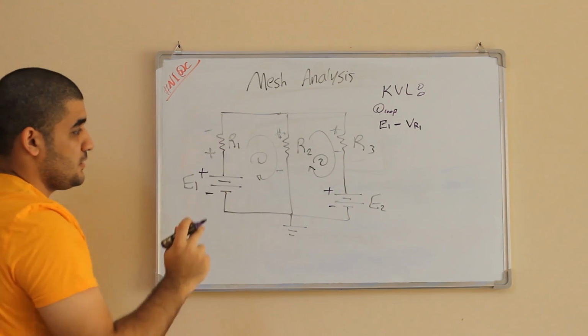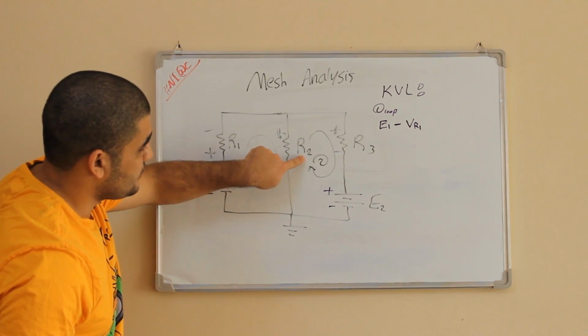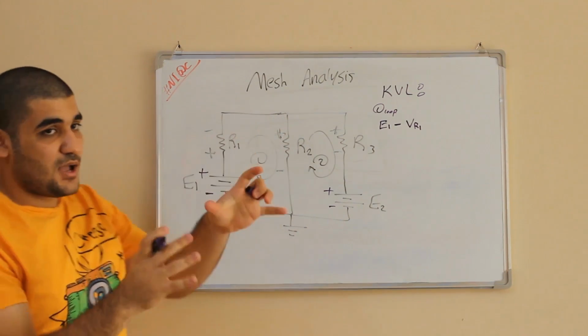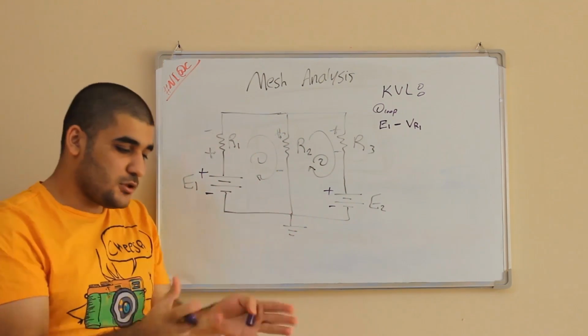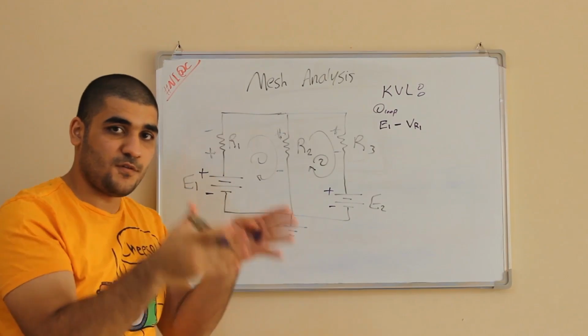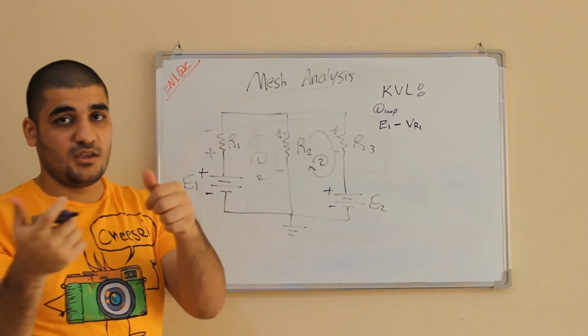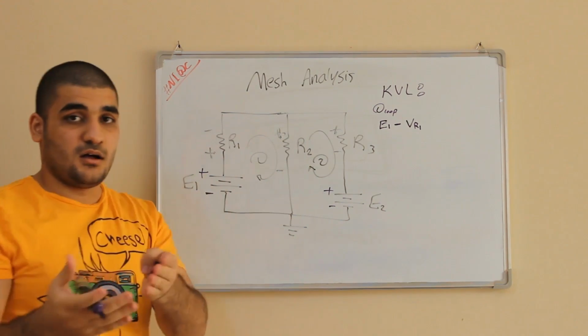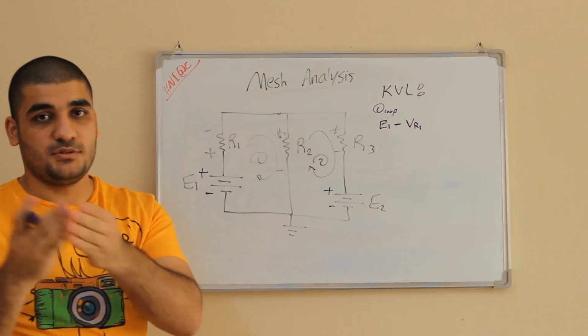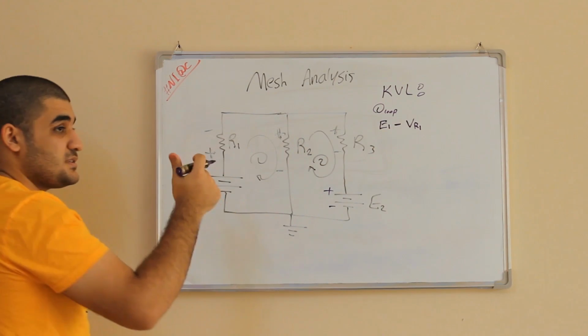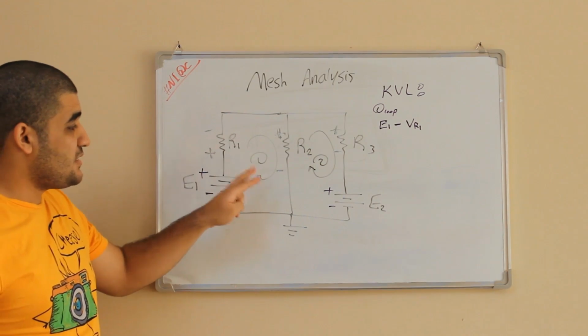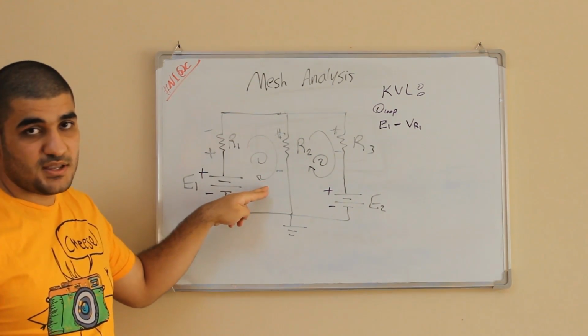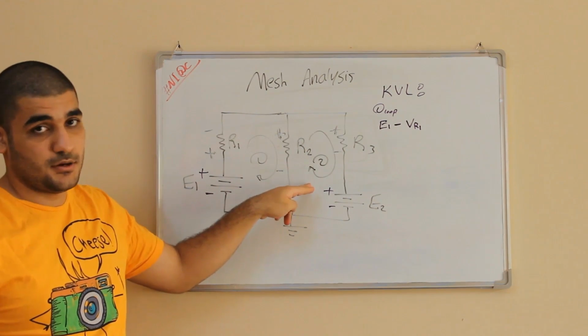Now, here is R2, a resistor. I want the voltage on R2. The voltage on R2 using Ohm's law is equal to IR, the current multiplying the resistor. And you remember that I assumed that this current has a magnitude greater than this one.